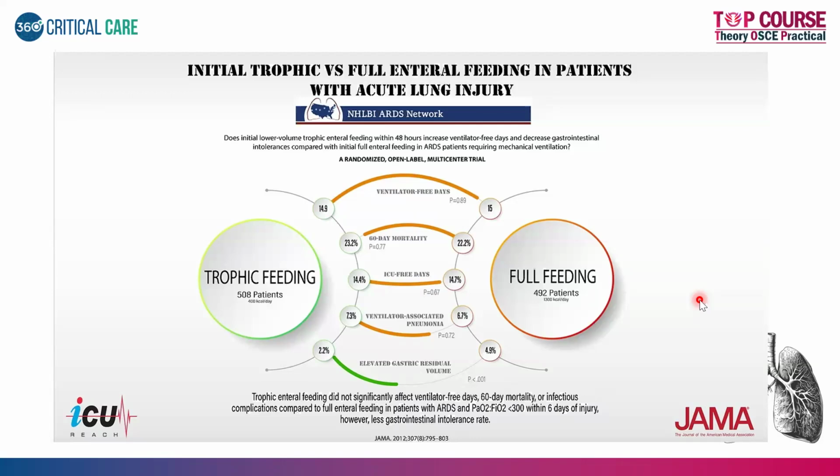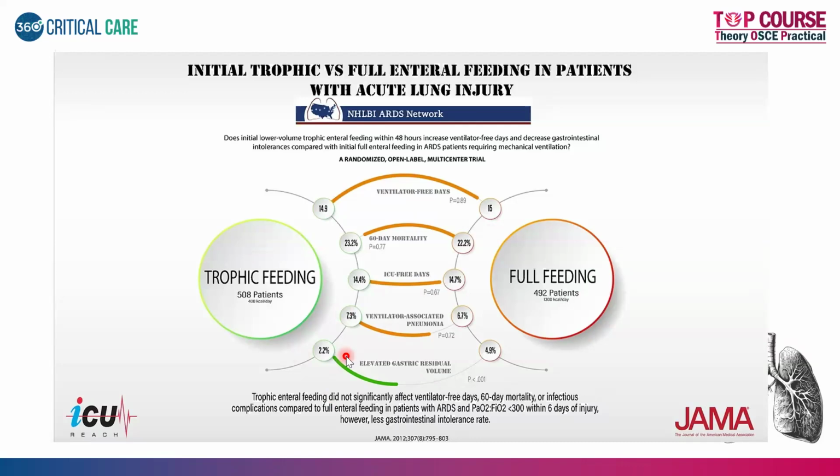One thing which they noticed was, obviously, because of the trophic feeding, the amount of calories given was roughly around 400 kilocalories per day, as compared to 1,300 kilocalories per day in full feeding. The gastric residual volume was obviously lesser in the trophic feeding, but overall, it did not make any difference.